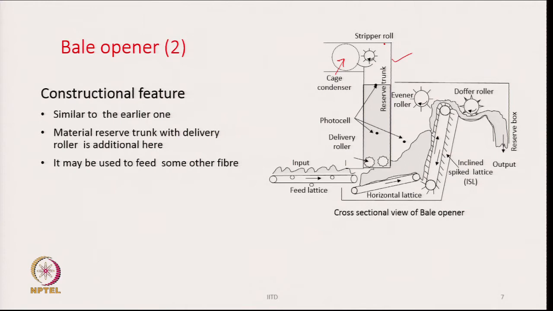There are machine manufacturers who will be making machines like this. That means I can feed some tufts from this side, and also I can feed some tufts from this side. In case we need to mix two different types of fibers, then this is one possibility through which we will be able to mix them and then process them together.